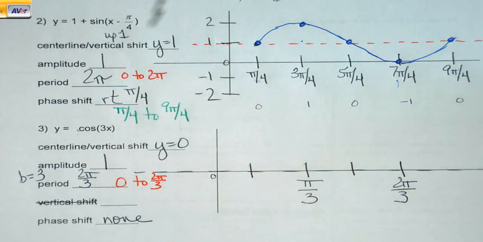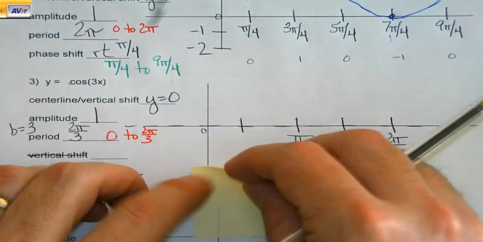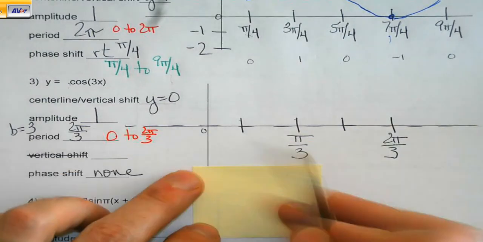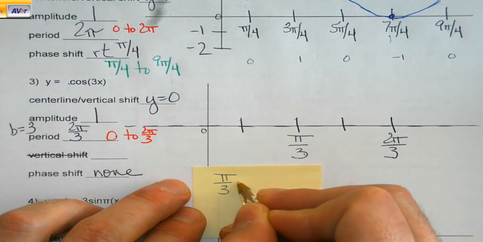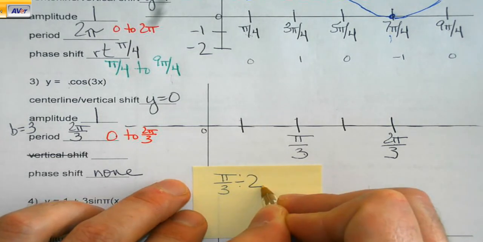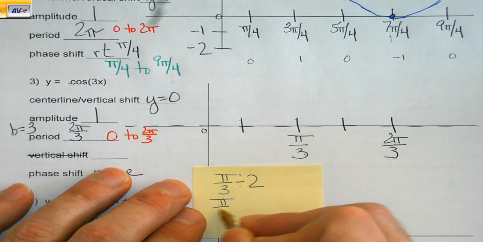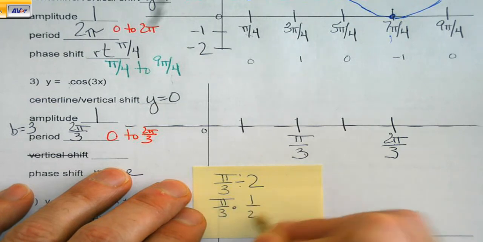Now this gets a little more interesting. You're like, well, what's in between 1 and 0? 1/2 pi? Kind of. If you think about it, if I do 0 plus pi over 3, it's pi over 3. If I divide that by 2, oh, that's the same thing as multiplying it by 1/2.